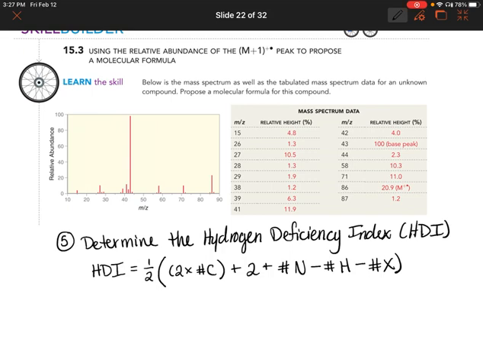So you would have to know how many nitrogens, hydrogens, and halogens you have, which means you have to know the molecular formula before you use this index. And again, this will tell us the number of pi bonds plus the number of rings in your system.